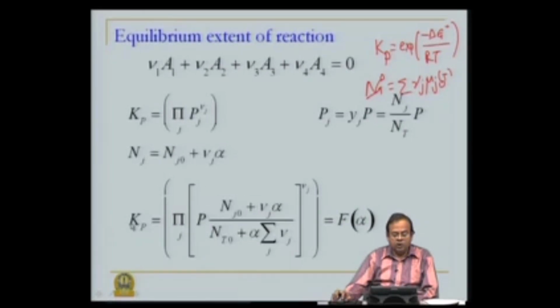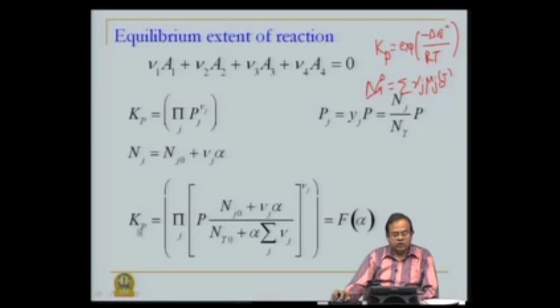My equilibrium constant now involves the total pressure P times this function, representing the mole fraction Nj by Nt raised to nu j, because that is my definition of the equilibrium constant.